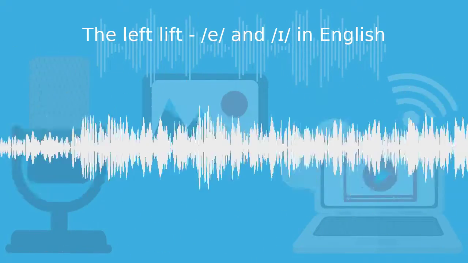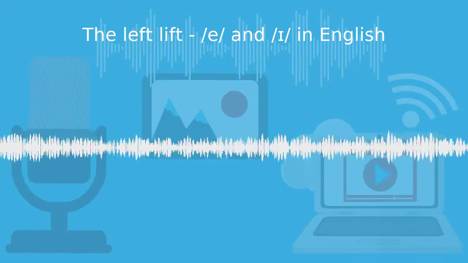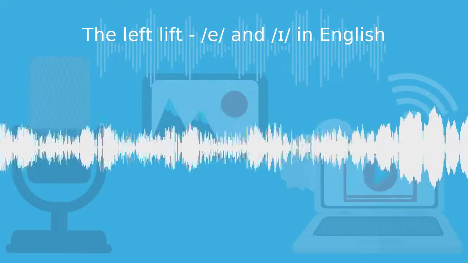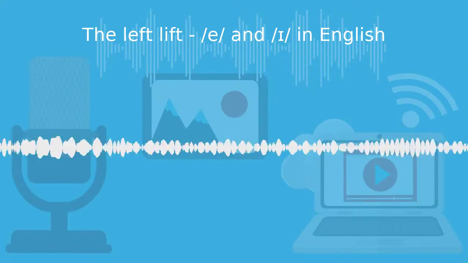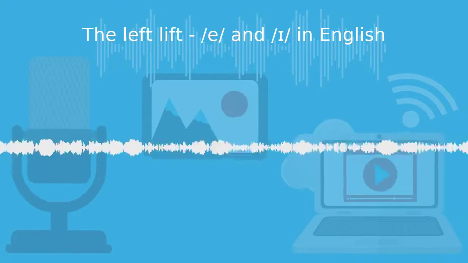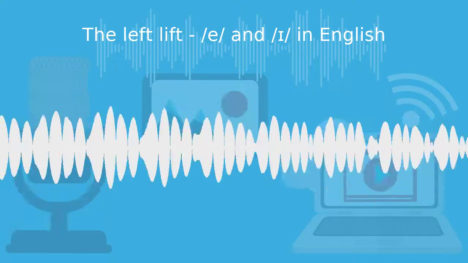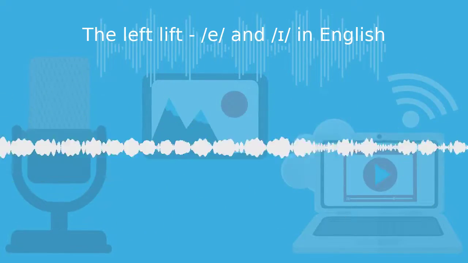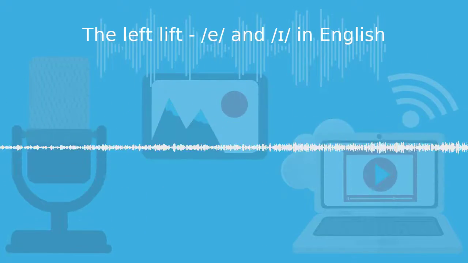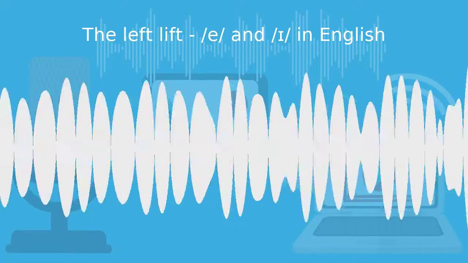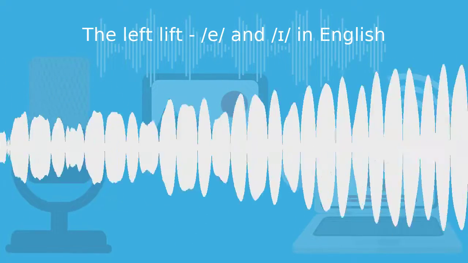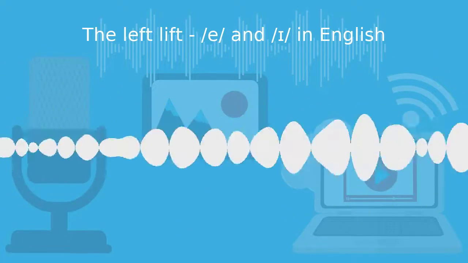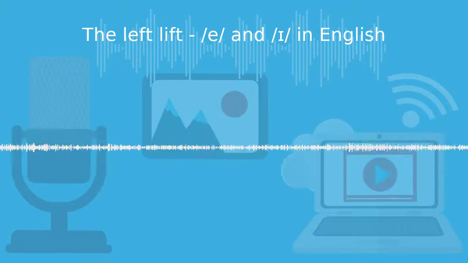Let's start with a recap of how to make the sounds. They're both front vowels, which means that the front of your mouth is doing a lot of work. /e/ is a mid-front vowel. So we need to drop our jaws a bit, not fully, to get some space in the mouth. And then we need to put our lips in that wide smile position and vibrate the vocal cords in a very short burst, and hopefully you'll get /e/.